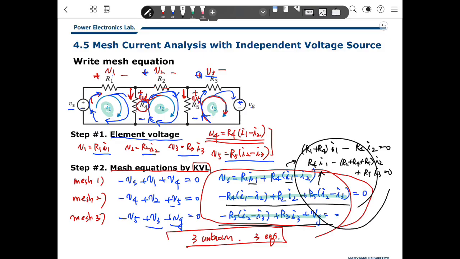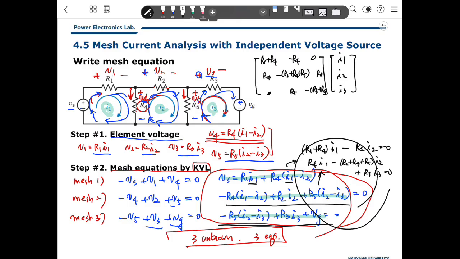So from the equations, we can express them as a matrix. The rows are R1 plus R4, minus R4, 0; minus R4, R2 plus R4 plus R5, minus R5; and 0, minus R5, R3 plus R5, multiplying I1, I2, I3, which equals Vs, 0, Vg.